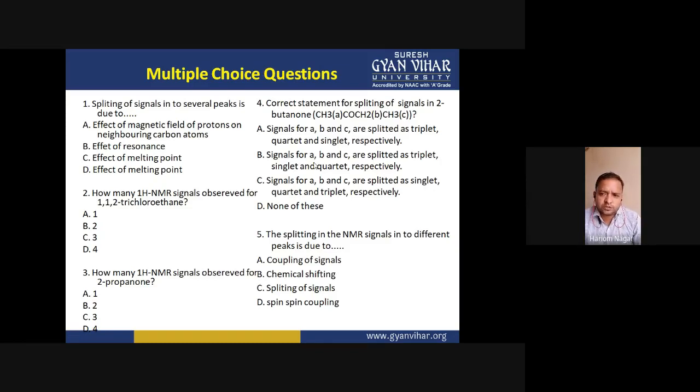This is also not correct. The option where signals for A, B, C are split into singlet, quartet, and triplet is correct, according to the number of protons present at the neighboring position.